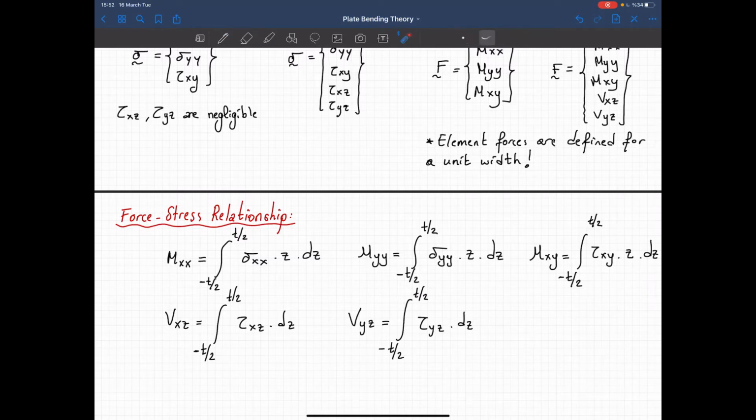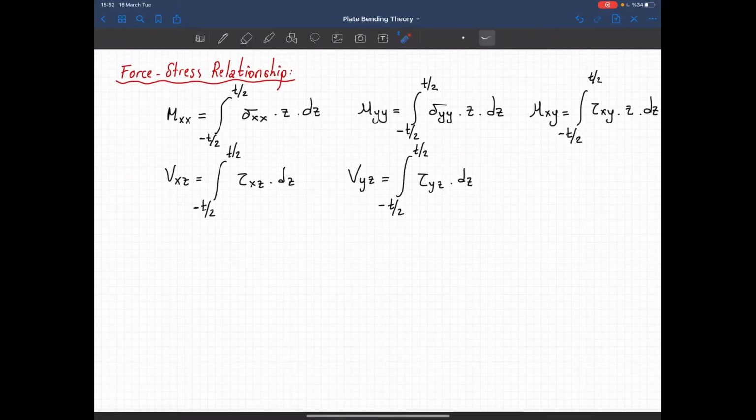And these are the force stress relationship. Now the next step would be determining the kinematic equations, which relates the member end displacement with the strains.